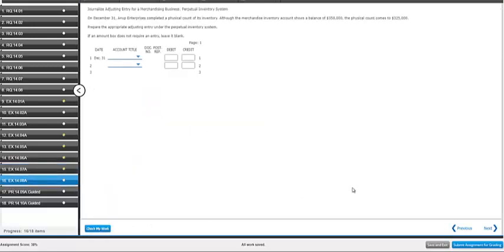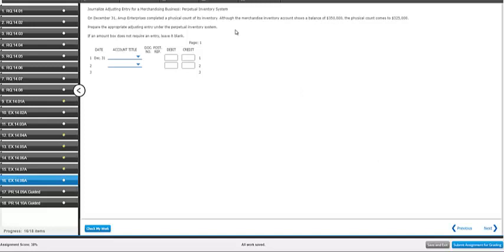Let's look at exercise 14.8 or number 16. We're going to be doing the adjusting entry for a merchandising business using the perpetual system. The two-step inventory adjustment was for the periodic system, and in perpetual all we're doing is a small adjustment for the difference in the physical count of our inventory and what our merchandise inventory account actually shows.